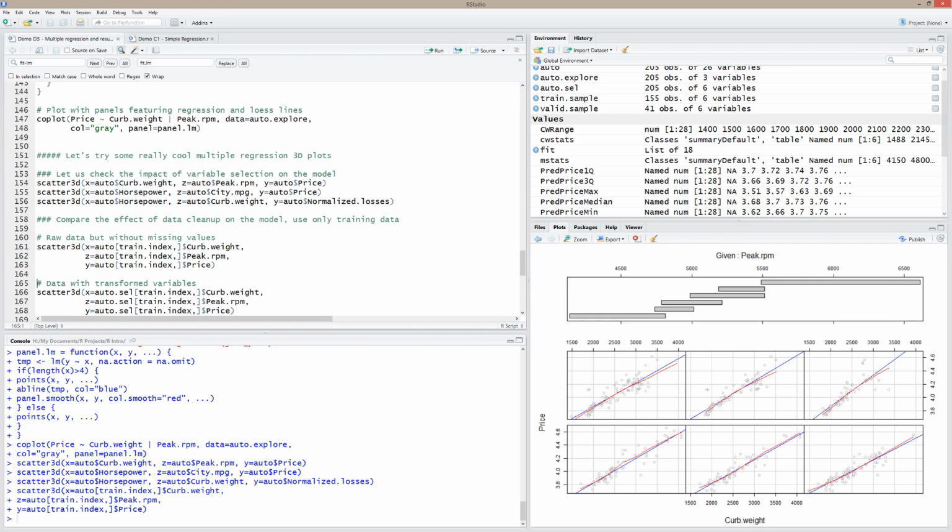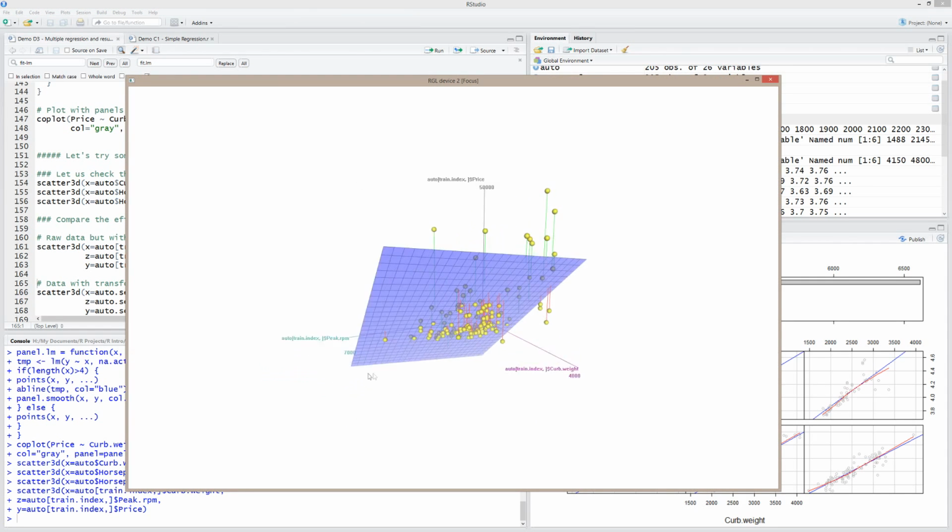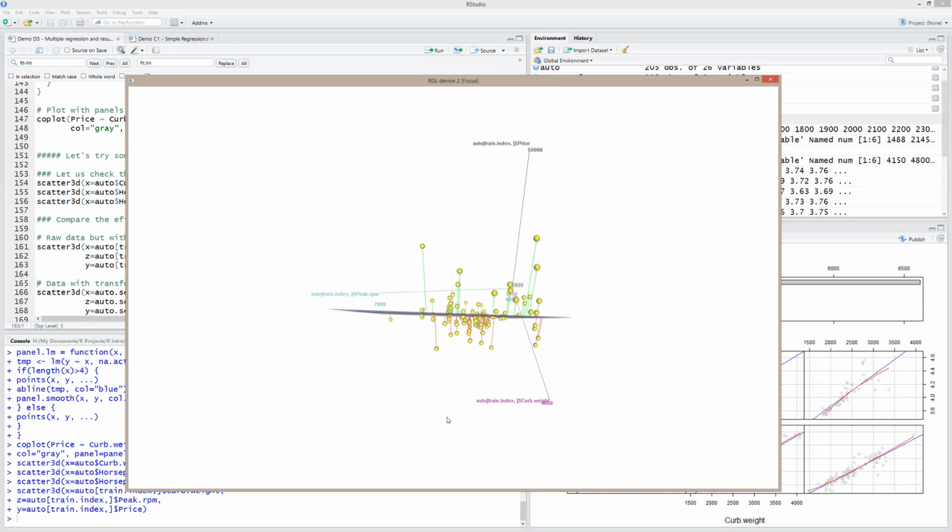So the first plot is what we got. However, this is the data where we had collinearities and extreme values, and two variables were not transformed, so they were not normally distributed.